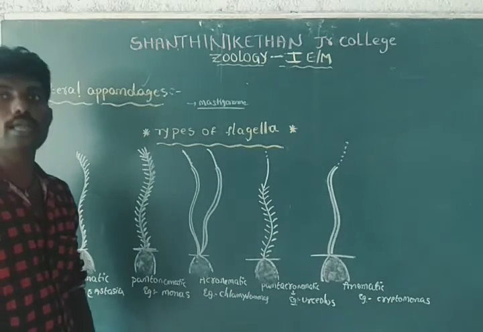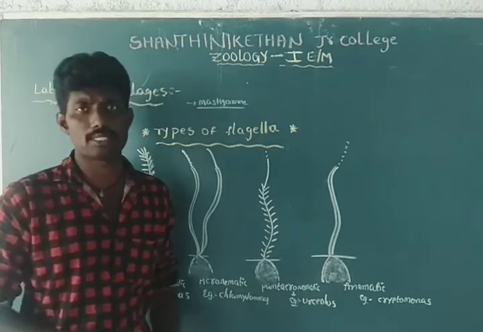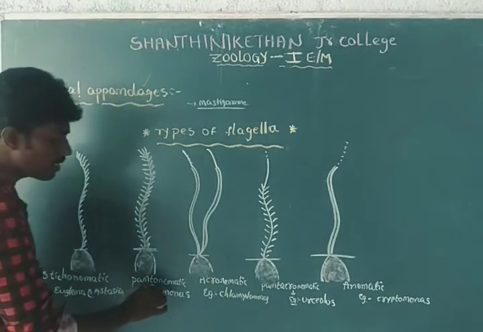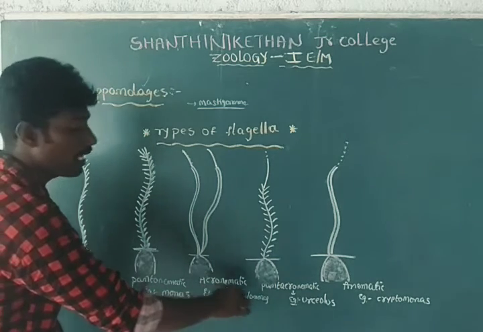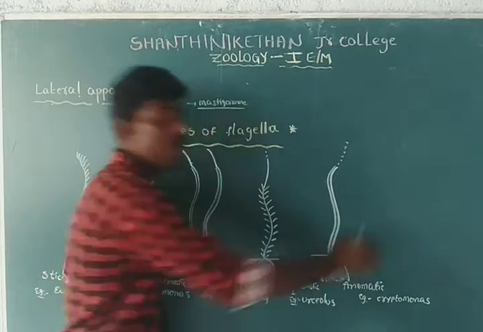So the flagella are divided into 5 types. The first is stichonematic, the second is pantonematic, the third is acronematic, the fourth is pantacronematic, and the fifth is enematic.